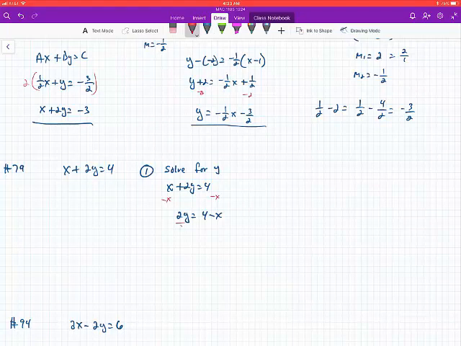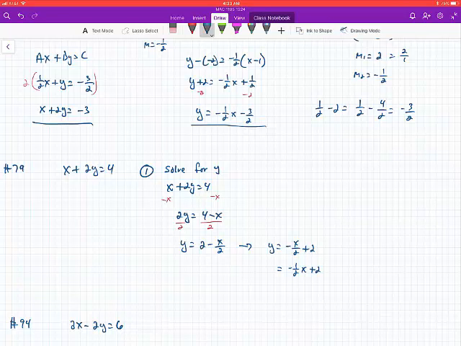And then I'm going to divide everything by 2 because I want to solve for y. So it's going to be y is equal to 4 divided by 2 is 2 minus x over 2, if I separate those fractions. So in this case, if I were to rewrite this, y is equal to negative x over 2 plus 2, which I can write as negative 1/2 x plus 2.